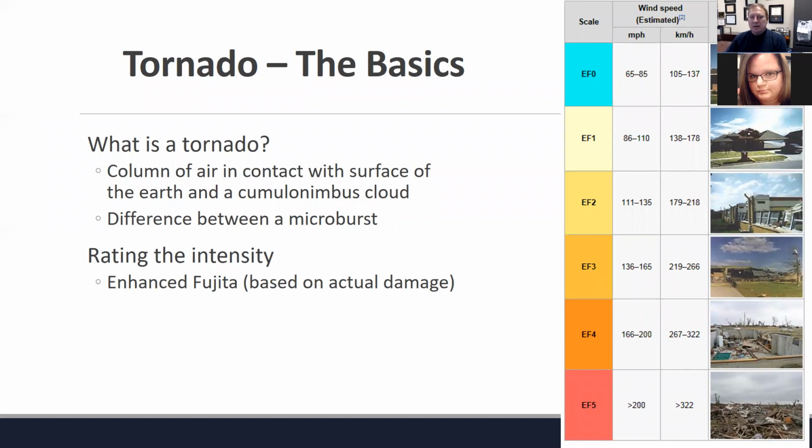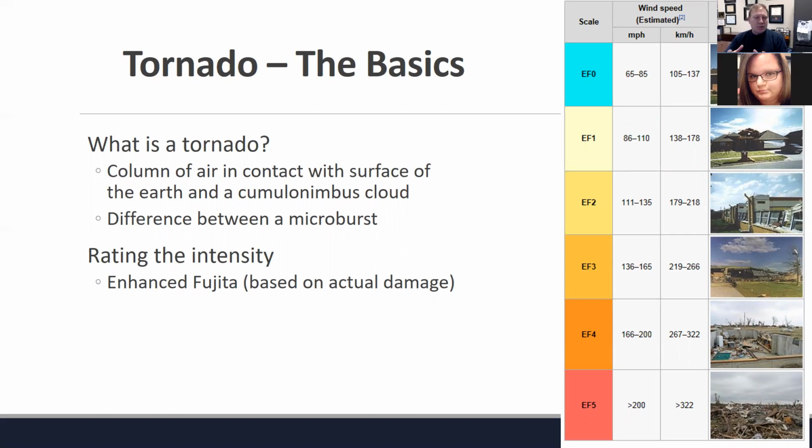A tornado is a column of air, and I do want to be sure and differentiate between a tornado and a microburst. The best way to think about a tornado is that it's a quick rising column of air that moves in a circular fashion, has a great deal of intensity, or it certainly can have, but it's really very narrow.